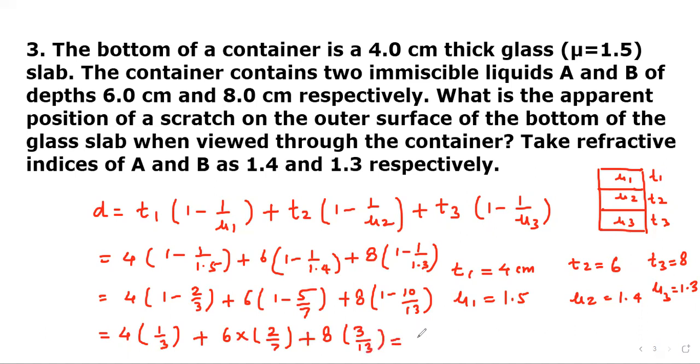So if we simplify, we will get 1.33 plus 12 by 7, that is 1.71, plus 24 by 13, that is 1.85, which will be equal to 4.89 centimeter. 4.89 centimeter is our answer.